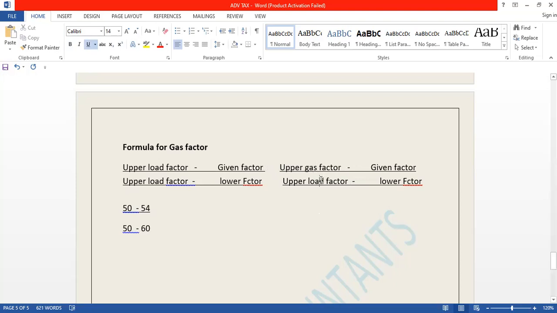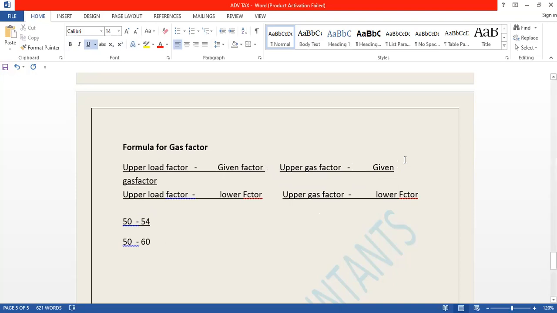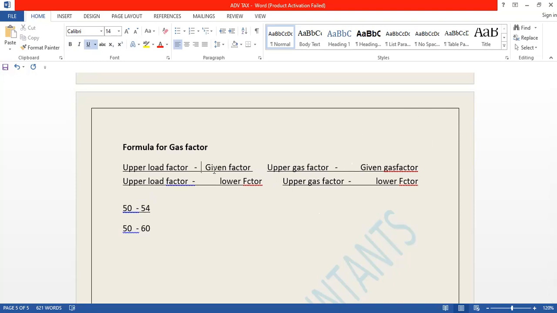This also will be gas aspect. Then this also will be giving gas factor, like what I have done before. I'm trying to arrange it in a way that will be easier for you to pick when you need it.